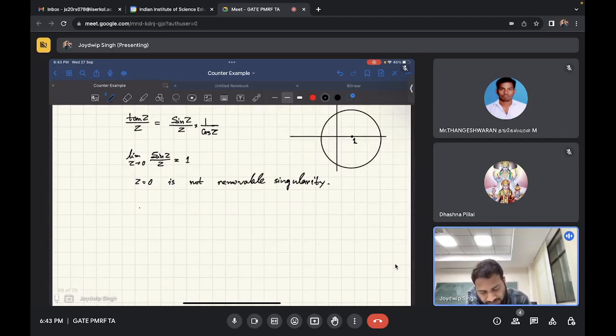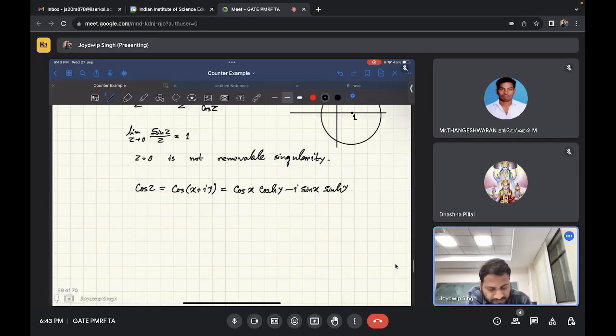So where can cos z be 0? Cos z means cos of x plus iy, which if you expand in terms of the formula is cos x cosh y minus i sin x sinh y.